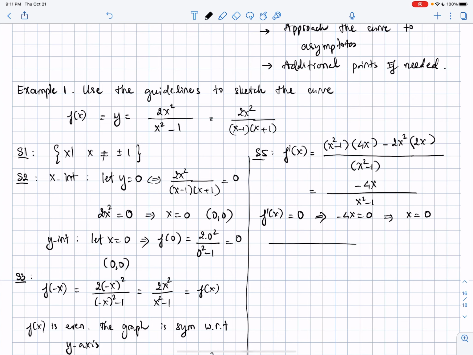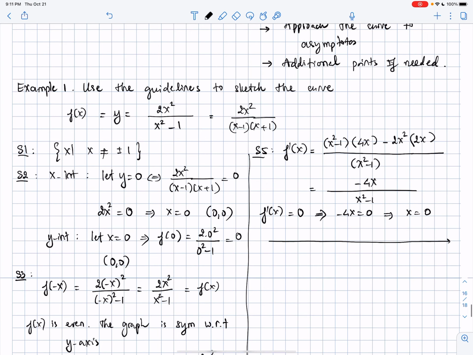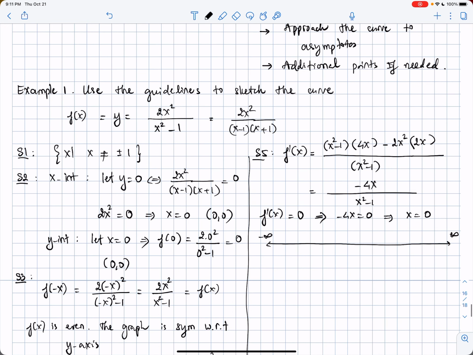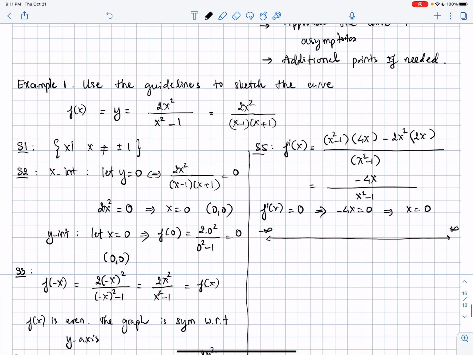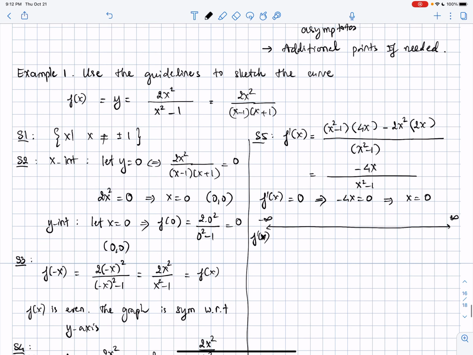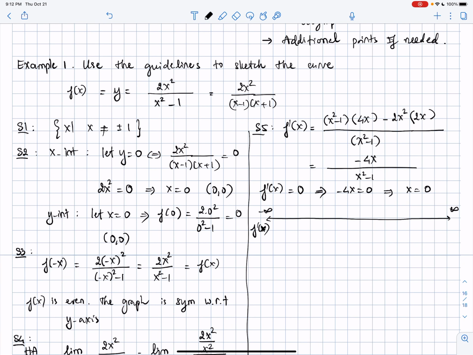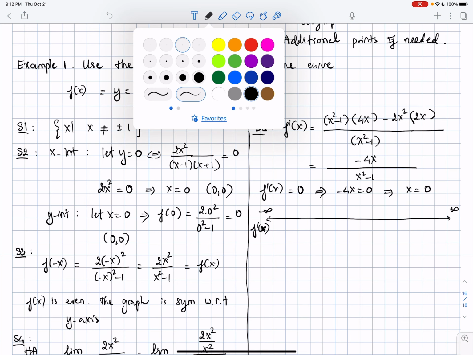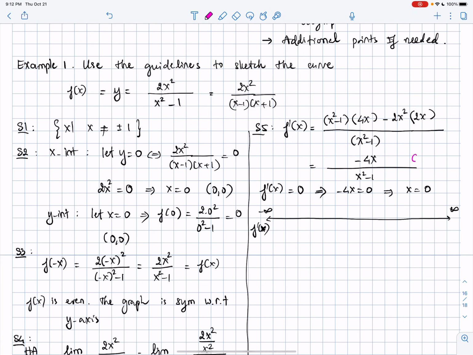Now we draw the number line from negative infinity to positive infinity for the zeros of f prime of x. This is f prime of x. So for the top, we got 0. The 0 is the zero on the top. And in the bottom, we got plus minus 1.